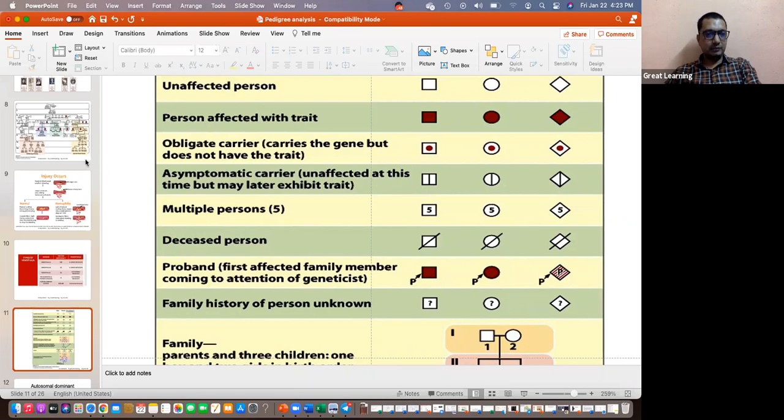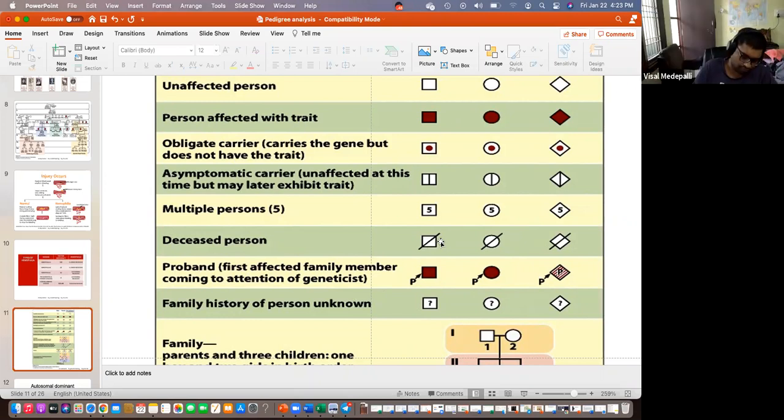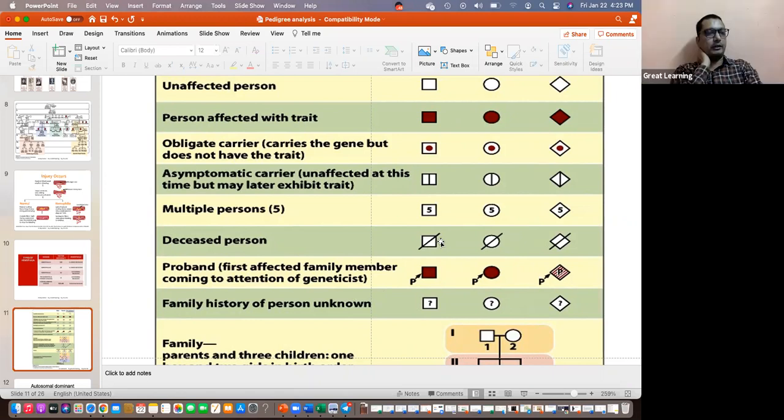Died from the disease, sir, or died in general? Died from the disease, because this is only of use when you know the particular disease harmed or affected them, since we study all this in the context of a disease. Like someone died from Huntington's disease, we will show it like this, and show that the person is dead at such and such age. Next is proband.